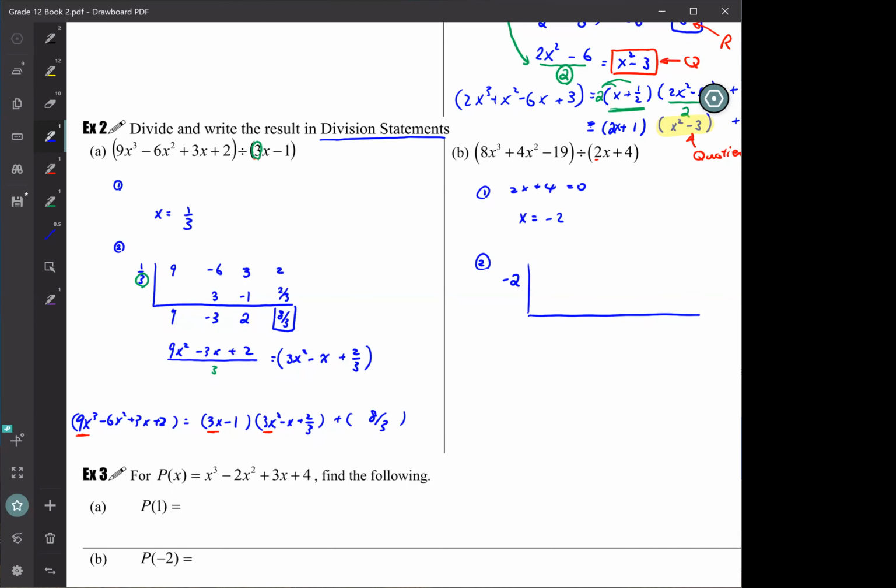Now inside we need to list out the coefficients of the dividend. So Cindy, can you tell me the coefficients of the dividend? 8, 4, 0, -19. Yeah, very good.